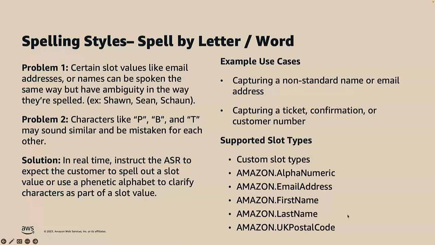So there are two different spelling styles that we've introduced to help with those problems. The first is spell by letter. This allows a customer to spell out slot values with ambiguity, like names, street names, and email addresses, by letter, as the name might suggest. So if I were to elicit an email address, if my email is miknolan123@gmail.com, I might say it, and the transcription might read it incorrectly.